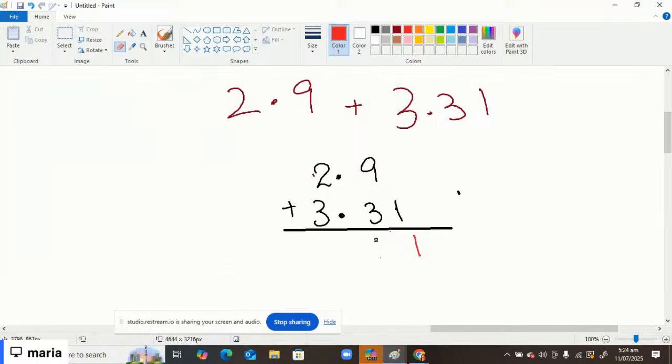I was just wrong and then subtracted. So 1 as it is here. 9 plus 3 is 12. Okay. Putting the right side digit down, left side digit up. Point as it is. 1 plus 2 plus 3, that is 6. And 6.21 is your answer.